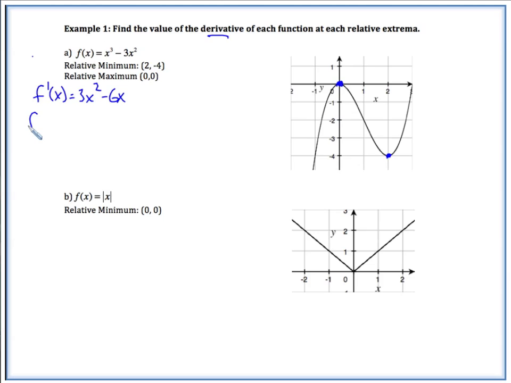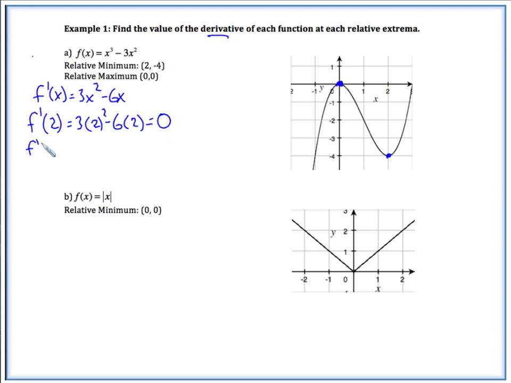If we want to find what's happening at those points, we're just going to substitute our x value. So f prime of 2 is 3 times 2 squared minus 6 times 2. And here we get 0.